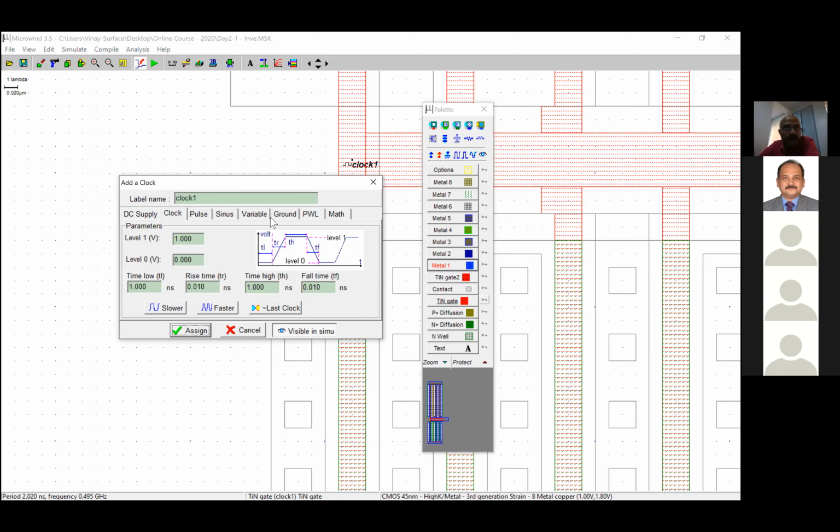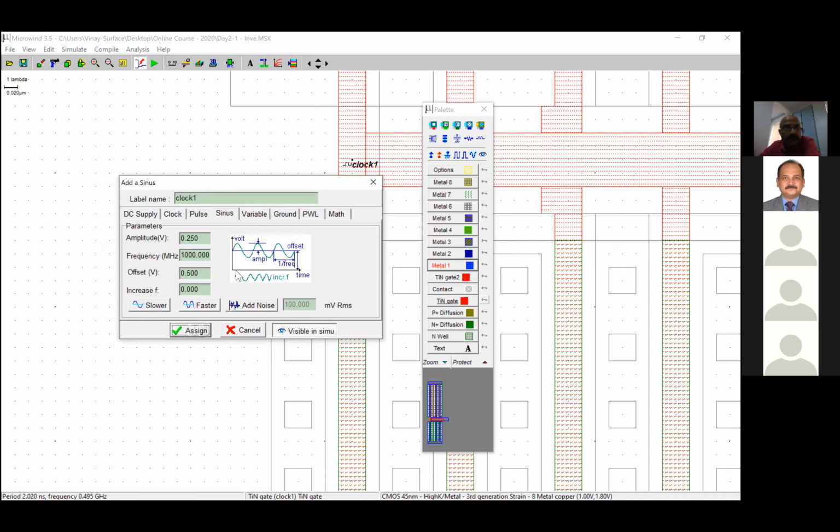I go to the sinusoidal waveform, which is written as sinus. I give it an amplitude of 0.01 and a frequency of maybe 500 megahertz, and an offset of 0.82, because that is the same quiescent point I got in the simulation. And I just say assign.